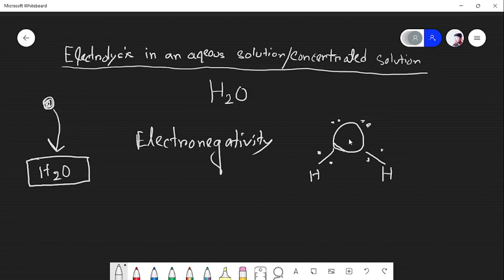Now, oxygen is more electronegative than hydrogen, and since it's more electronegative, it pushes the electrons towards itself a bit, and so these two poles become partially negatively charged, and comparatively these two poles become partially positively charged, so it does behave like an ion.